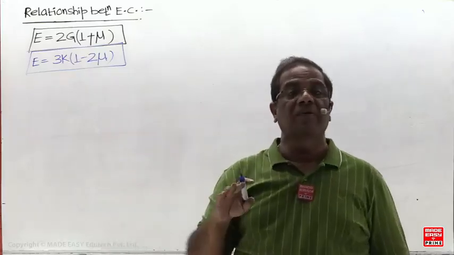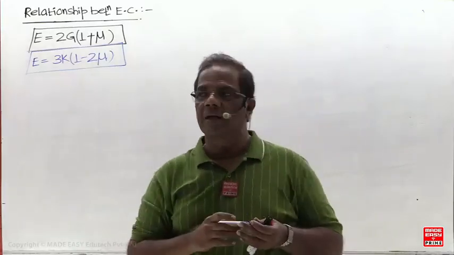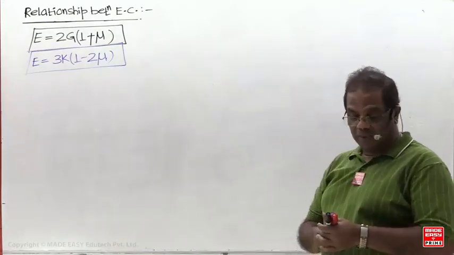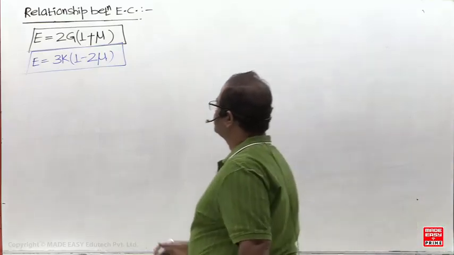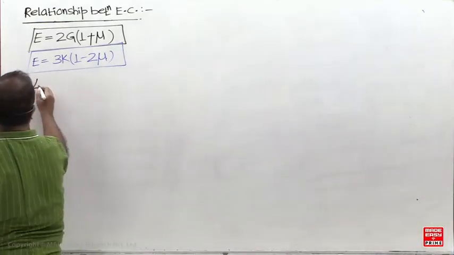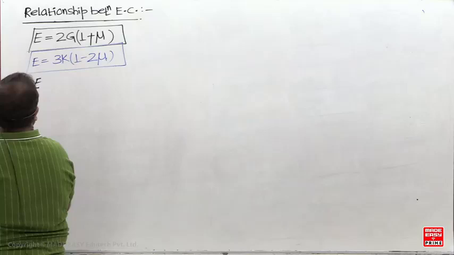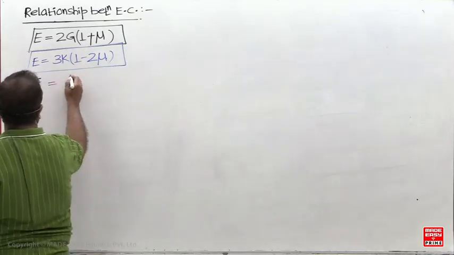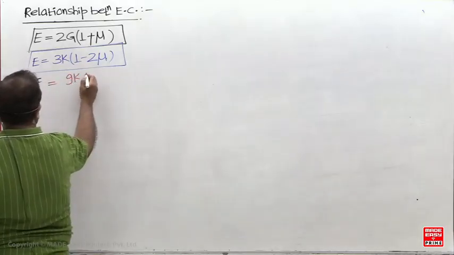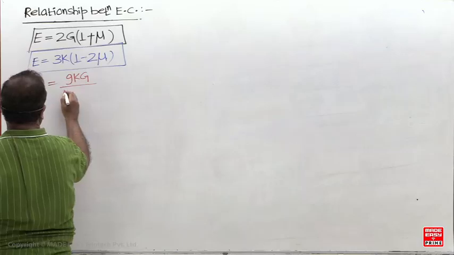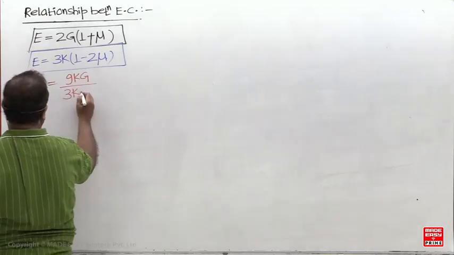Derivations are never there. E is equal to 3K into 1 minus 2 mu. Almost 90% of the students already know these relations.